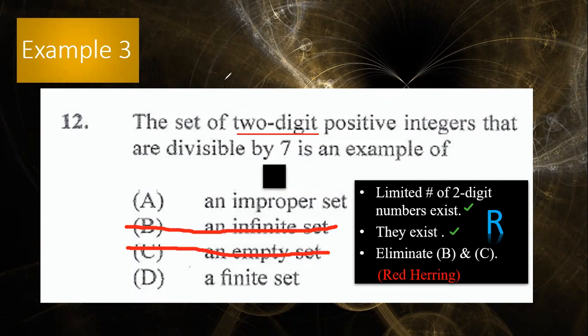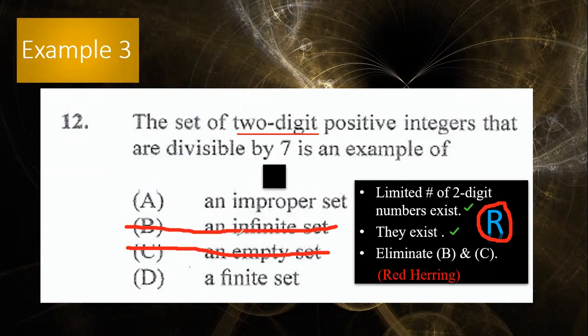No worries, Latoya. Before getting to the answers, as I said, always try to work through it logically in your head. We're using our reasoning skills to get to the answer, and you'll get the correct answer 9 times out of 10. So eliminate B and C, that's called the red herring. The red herring is a distracting answer.